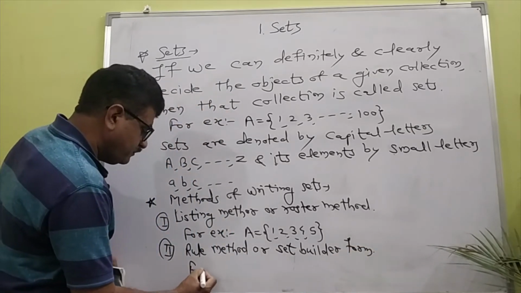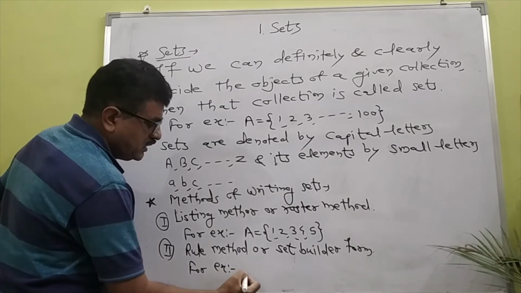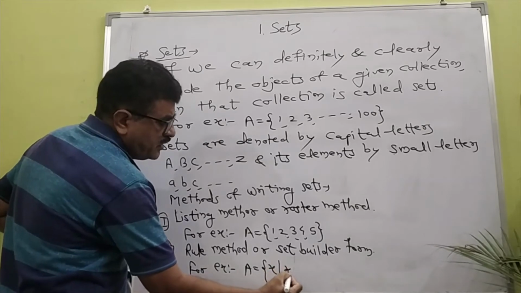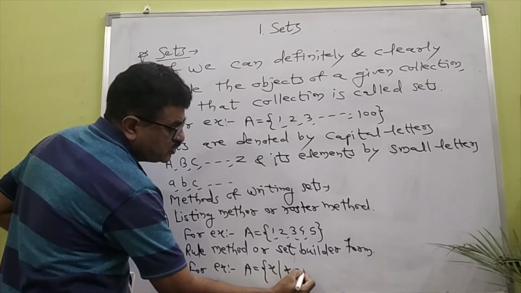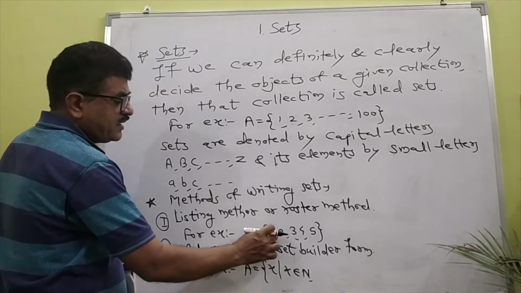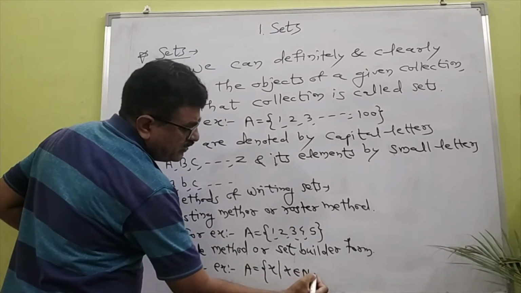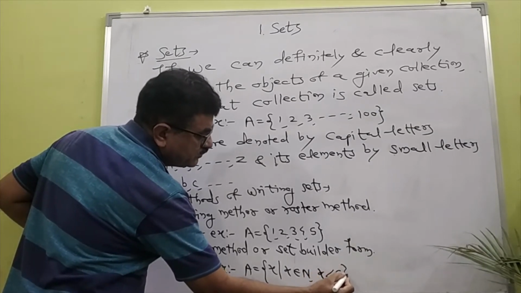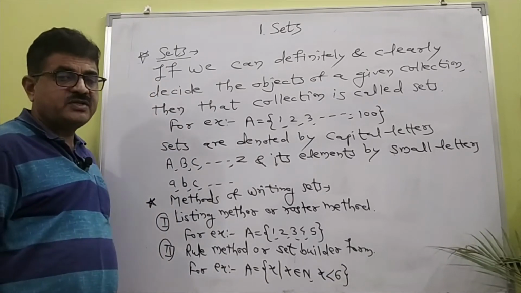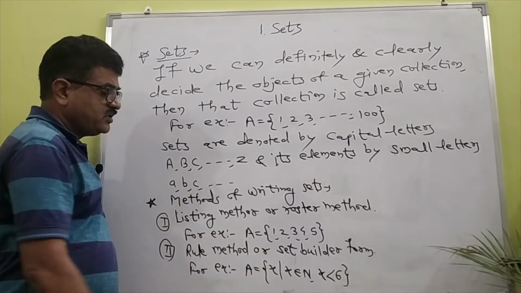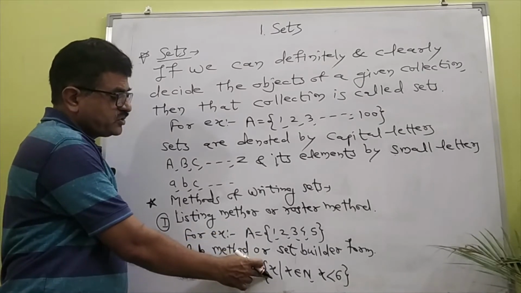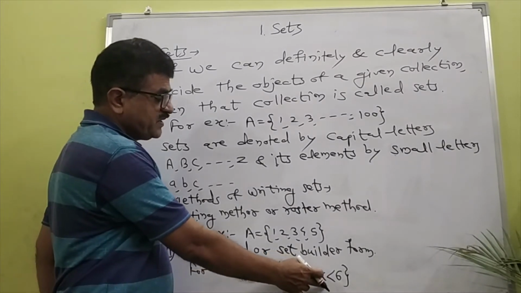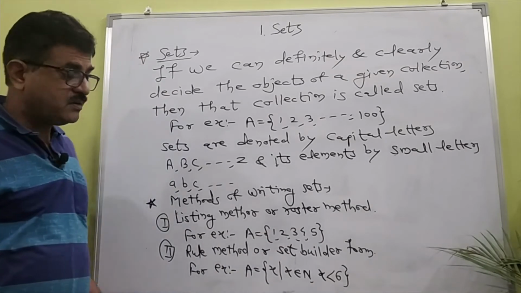Now for example, suppose A is a set of x such that x belongs to N and x is less than 6. We can write this set as A is a set of x such that x belongs to N and x less than 6. The value of x is less than 6, that means up to 5. Natural number.